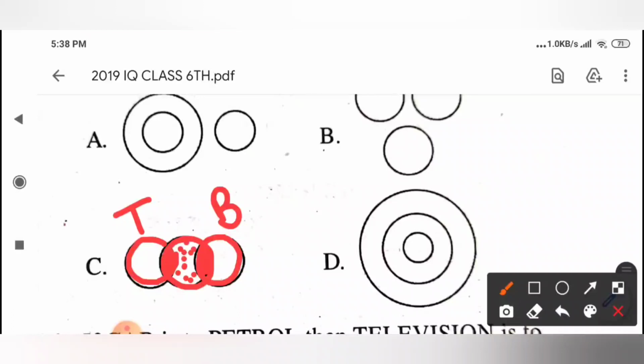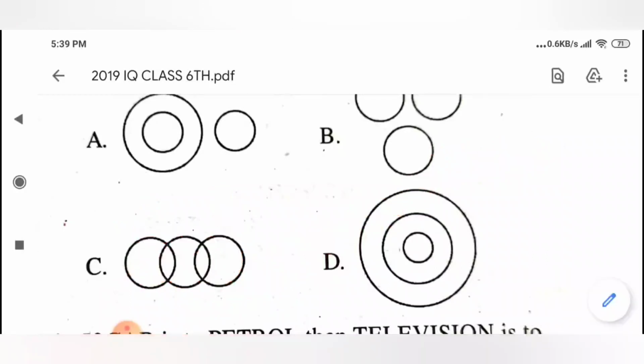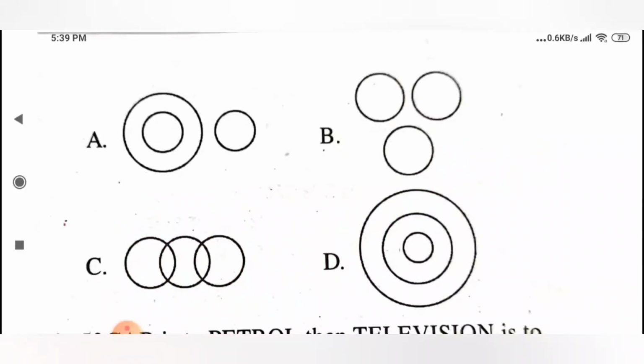So the correct answer is option C. C represents the relation between travelers, train and bus. So the explanation is that some travelers can be by train, some travelers can be by bus, and some travelers may travel without using either of the two. So option C is the correct answer.